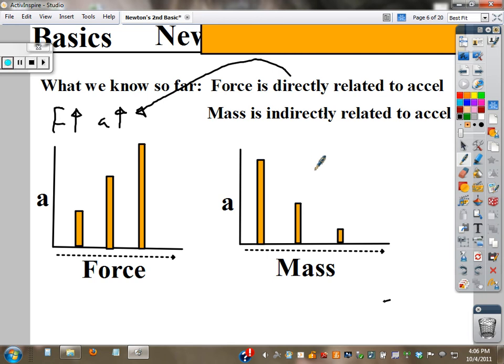So here, mass is increasing, going this way. While mass is increasing, acceleration is decreasing. That's the definition of an inverse proportion. Or, mass goes down and acceleration goes up, the other way around. So pause these if you need more time. Pause all the time to write stuff down.